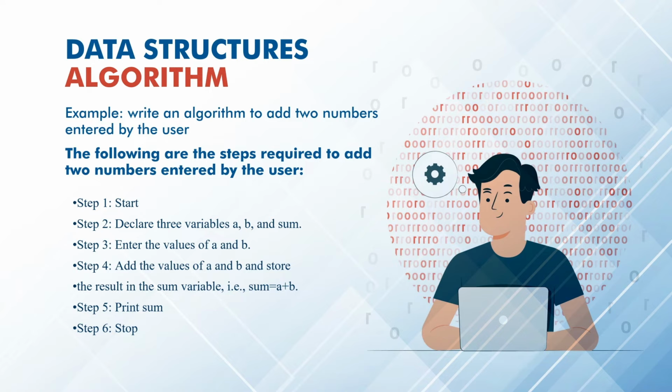Step 3, enter the values of A and B. Step 4, add the values of A and B and store the result in the sum variable, that is, sum equals A plus B. What will be the next step? Step 5 will be print sum and step 6 will be stop.